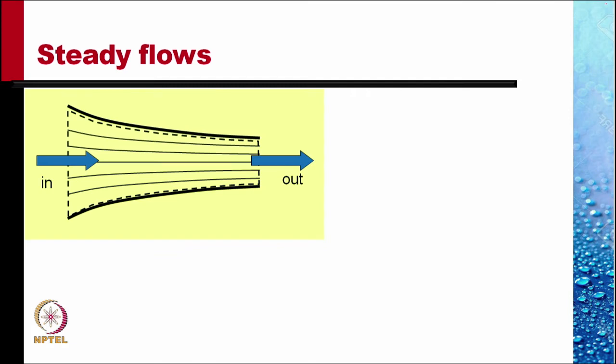Let us consider a steady flow in a channel where the mass is coming in at the left end and is leaving at the right end. Clearly, in steady flow, there will be no accumulation of mass within the control volume. So, the net influx written here is 0. ρAV in minus ρAV out is equal to 0.